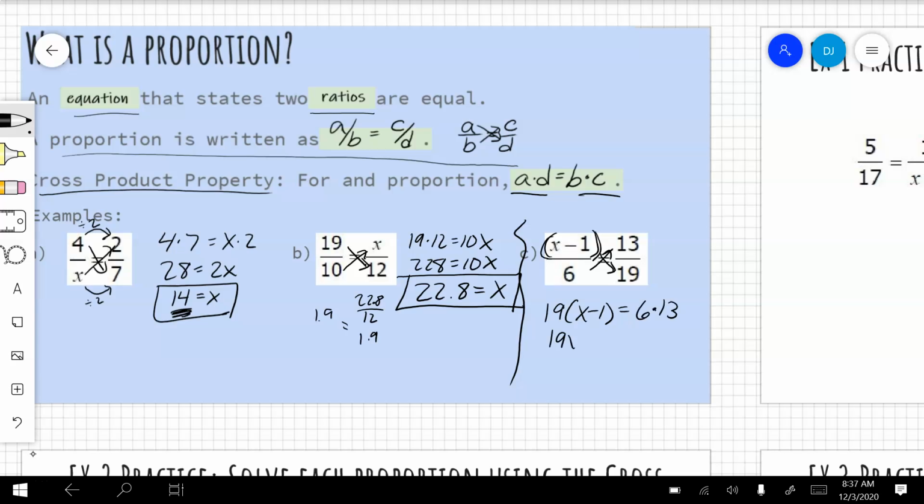We end up with 19x minus 19 equals 6 times 13, which is 78. Next, we add 19 to the other side, so 19x equals 97. Divide both sides by 19, and x equals 5.1. And that is how you would set up and solve proportional relationships.